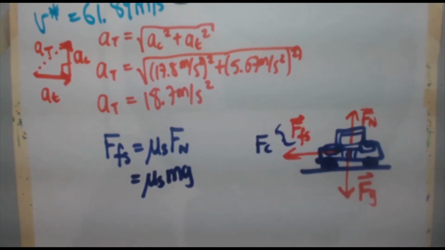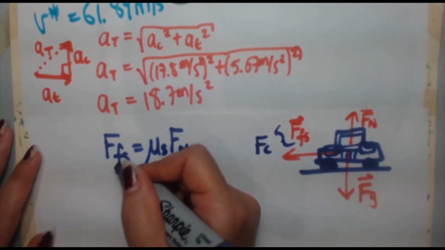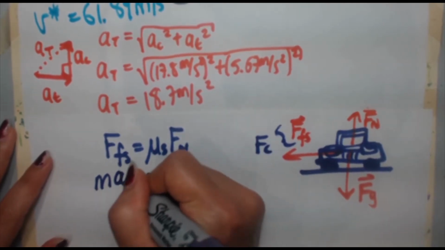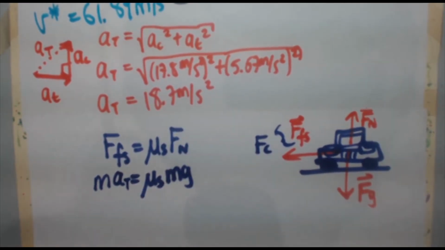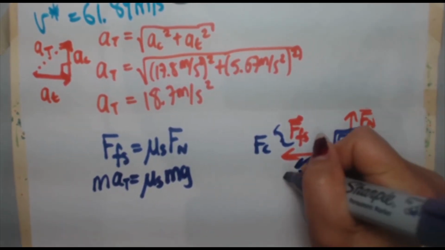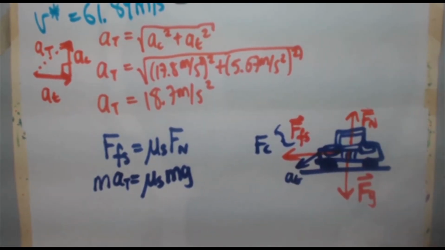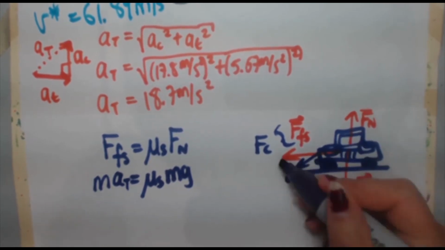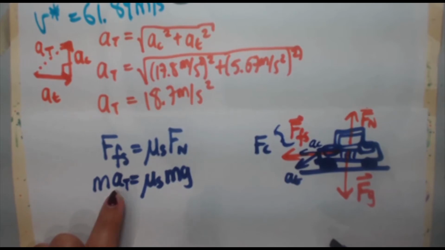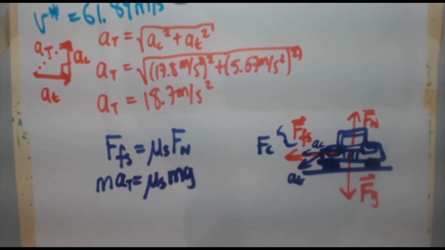It's the only net force in the horizontal direction. So F_fs is equal to ma. And which a? It's the total a, not just centripetal, because there's another force and another acceleration going like this. There's an acceleration going tangential, there's an acceleration going centripetal, and we added those together to get the total. So make sure you use the total here.